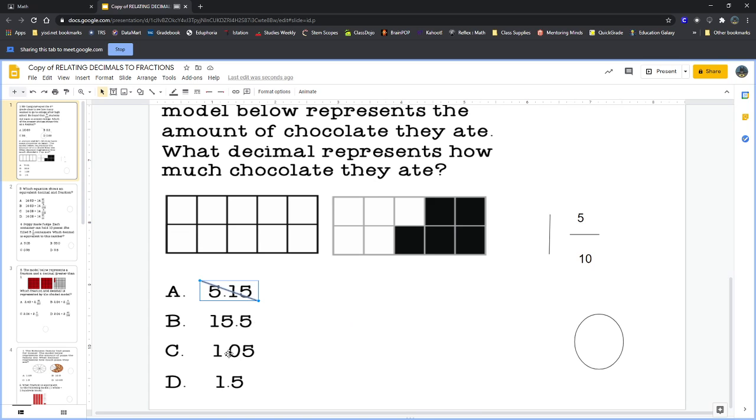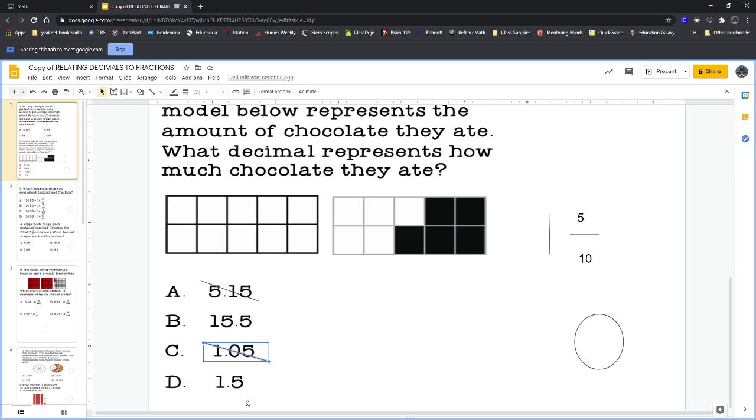C has a decimal, a tenth, and a hundredth. I'm going to get rid of that. And D has a decimal and a tenth. That leaves me down to two answer choices. B says 15.5. D says 1.5.